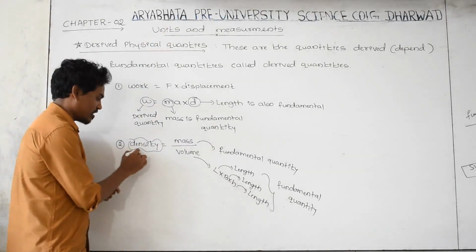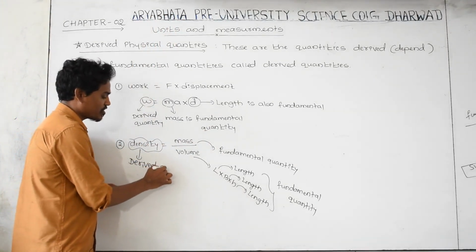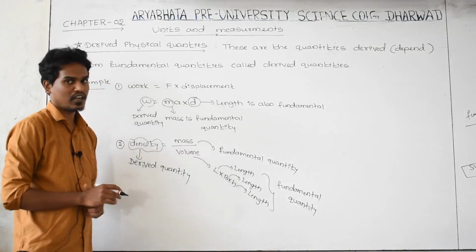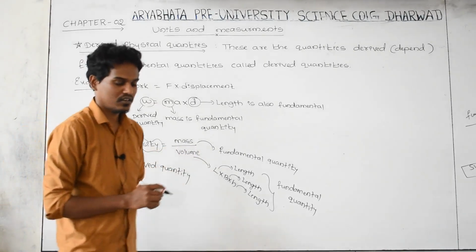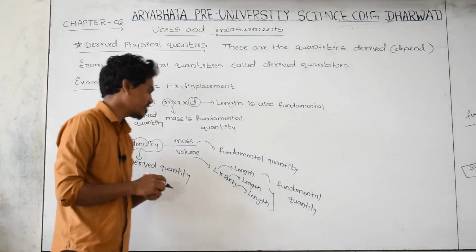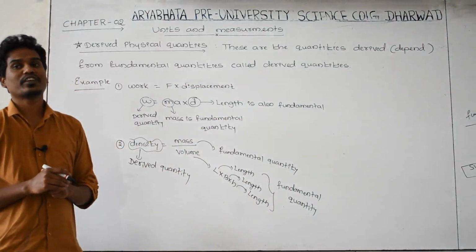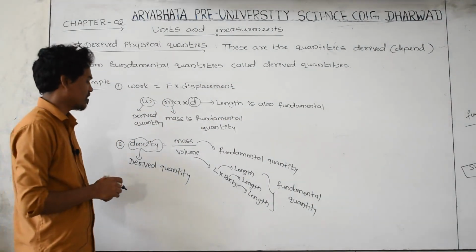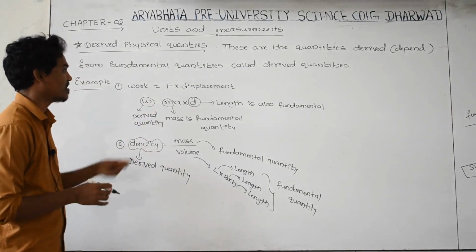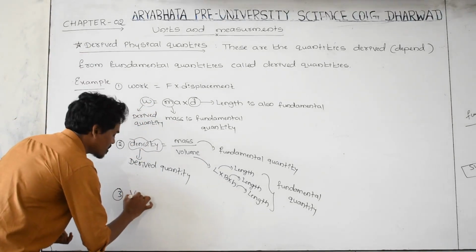This is a derived quantity. The derived quantities are depending upon fundamental quantities. Getting what I am saying? You understood, I think. Without fundamental quantities, it is highly impossible to express the derived quantities. That's why I have taken work, and next density, and if you take another one, velocity is also which quantity?